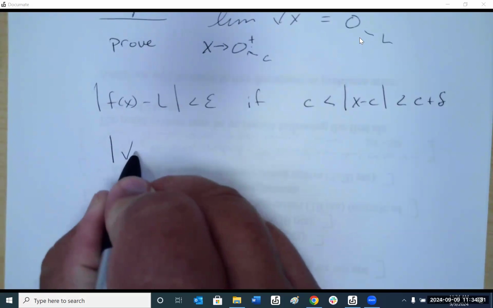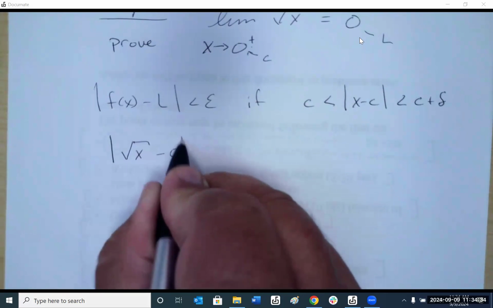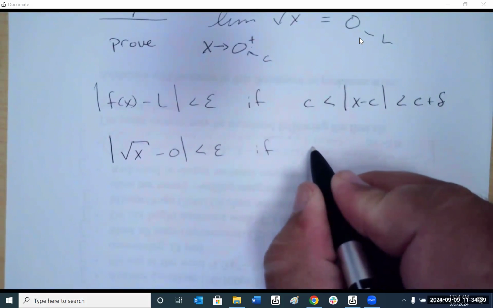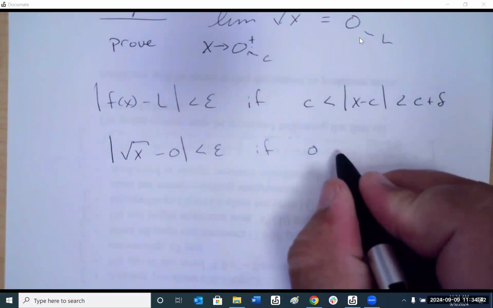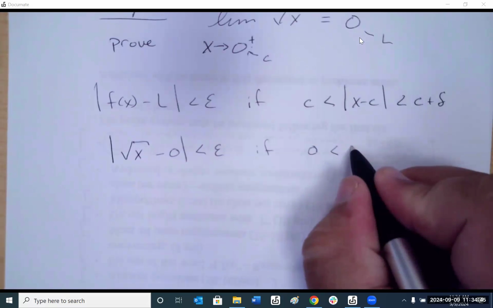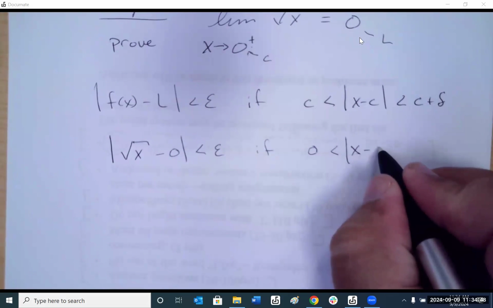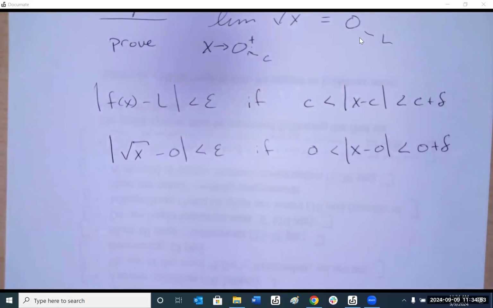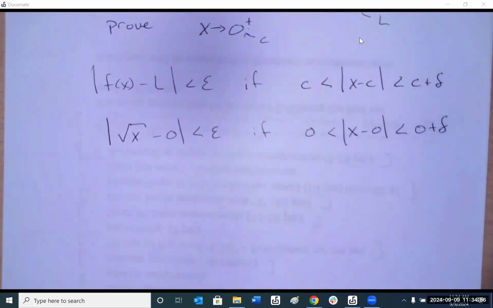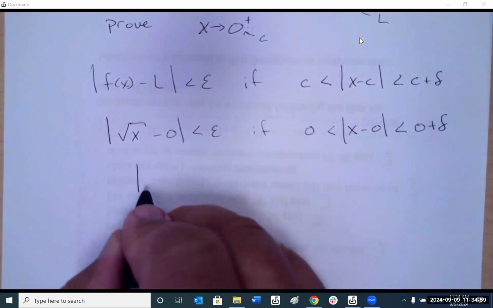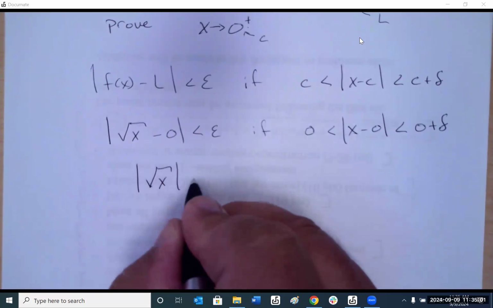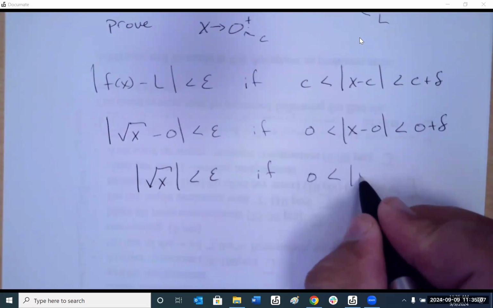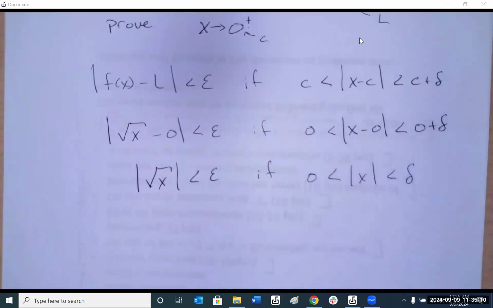So we have the square root of x minus 0, and x has to be positive. Zero plus delta. So this gives us the absolute value of the square root of x minus 0 is less than epsilon if 0 is less than absolute value of x is less than delta.